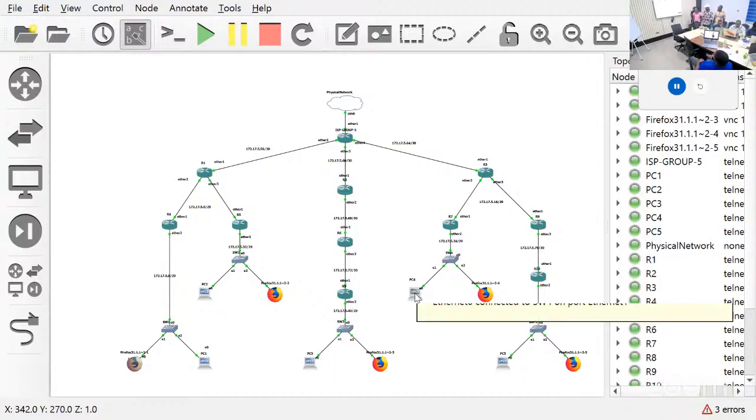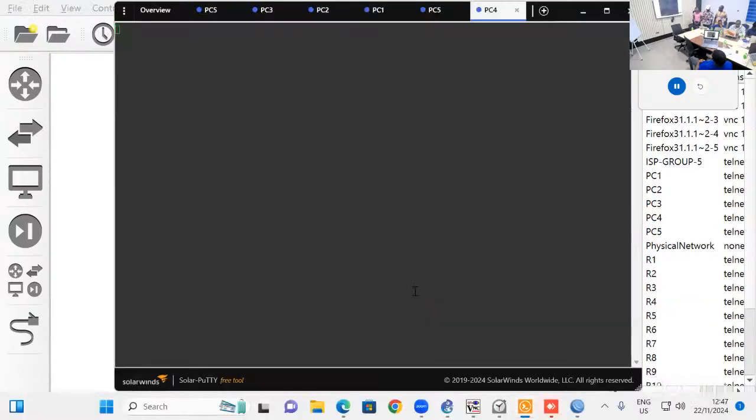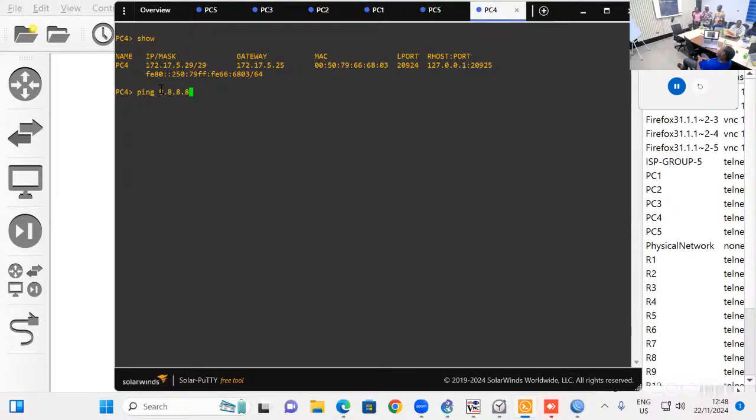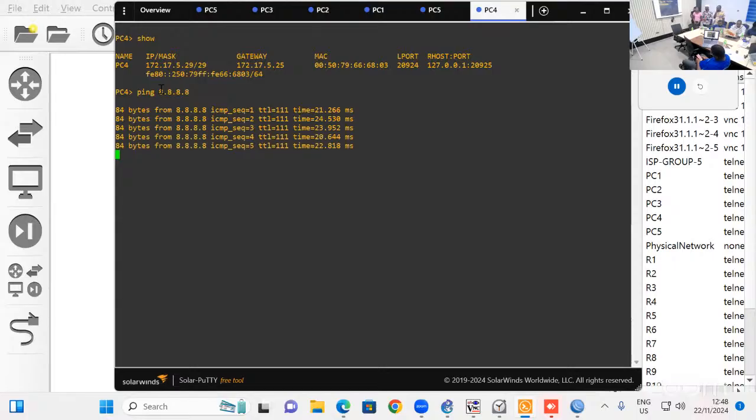Okay, so let me go down to the PC, that's PC4. You say you configured the DHCP server, right? Yes, you did. Okay, so this is the IP address it obtained, right? Yes. Okay, so let's ping the internet again from that computer. All right, internet is going through.